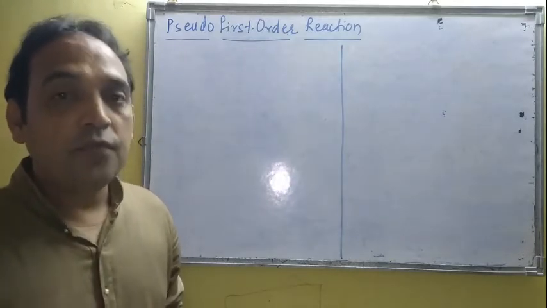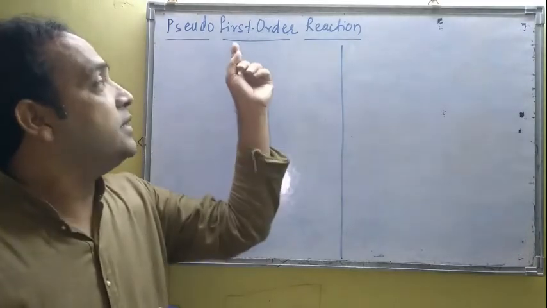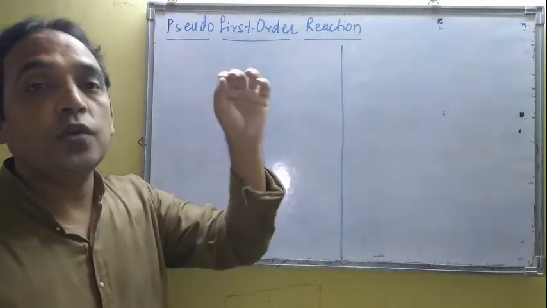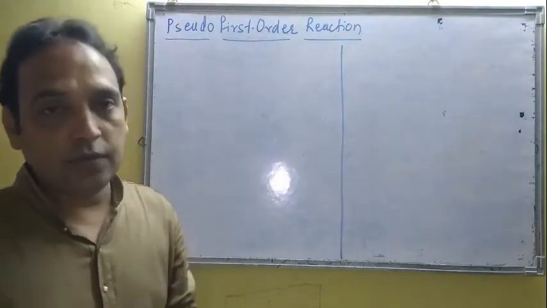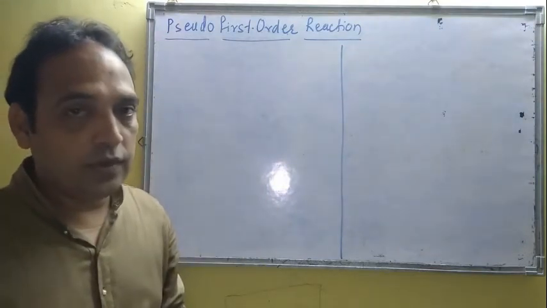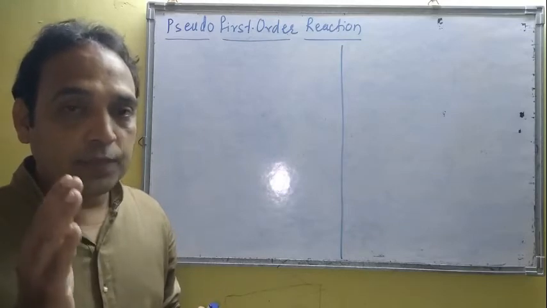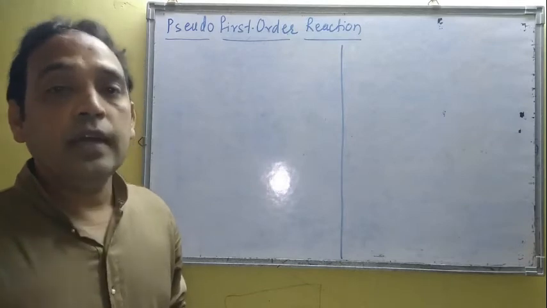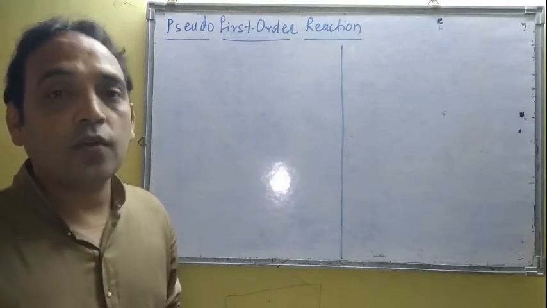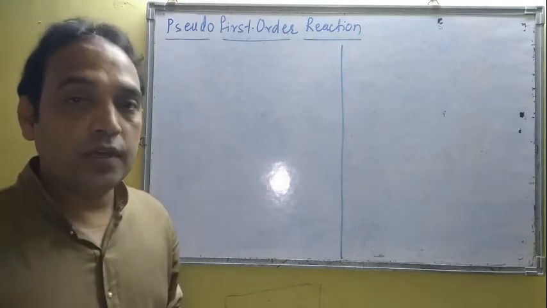Such reactions are called pseudo first order reactions. With two examples, we'll try to cover this part. The reaction expected to be second order but following first order kinetics is called a pseudo first order reaction.